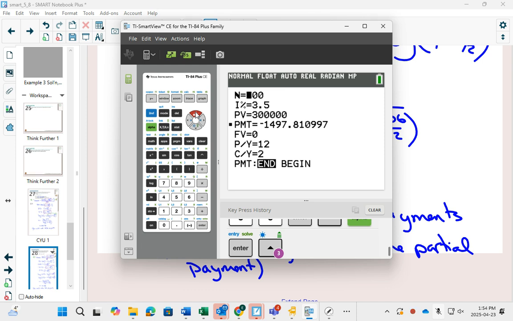How many weeks in a year? 52. So by paying every 2 weeks, you would make 26 payments in a year, times 25 years, same amount of time. Now we're making 650 payments, but we're paying 26 times per year.